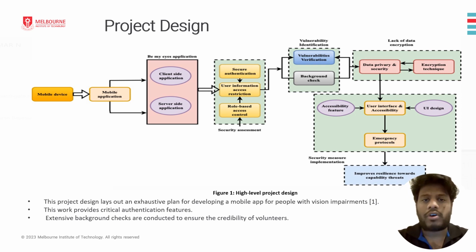Our major focus is on securing the data of the users by implementing strong authentication techniques, ensuring data transfer between the users is properly encrypted, and providing a user interface where visually impaired users can easily access the application.